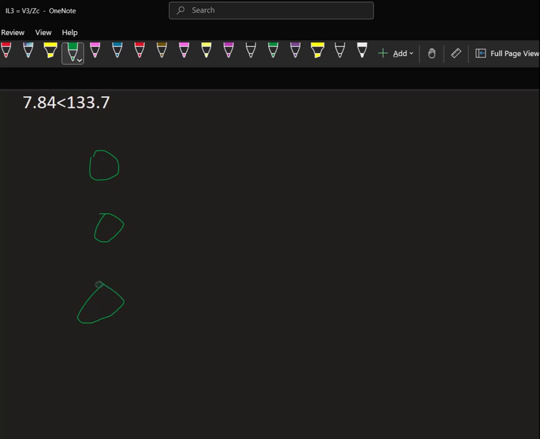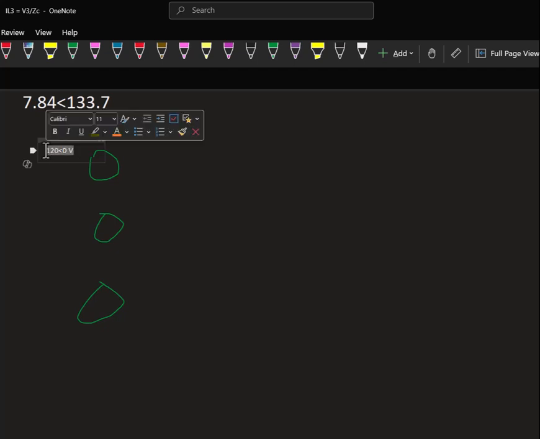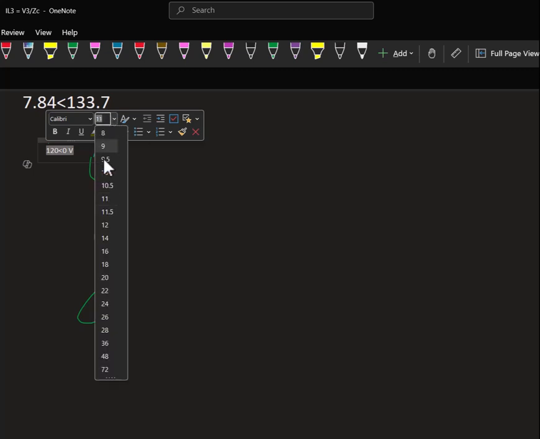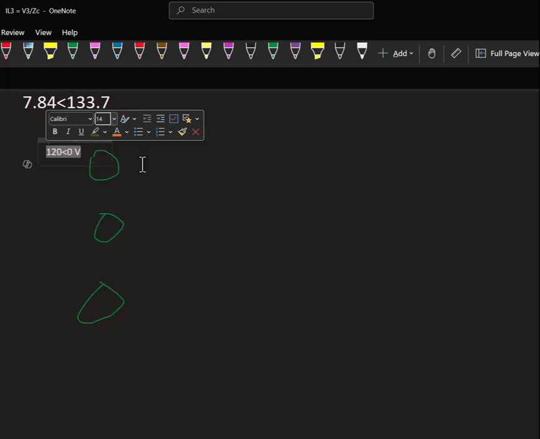It's balanced. The top one is 120 angle 0, and it's in positive phase sequence. That's all I'm going to tell you about it: it's balanced in positive phase sequence, and that's our source.